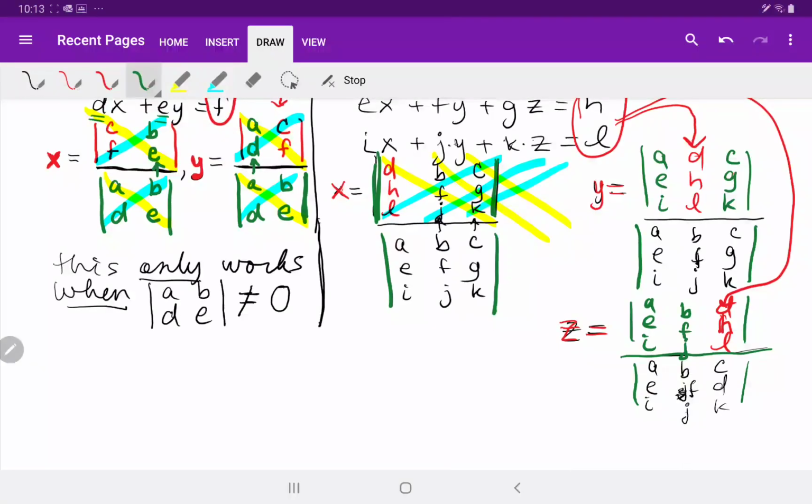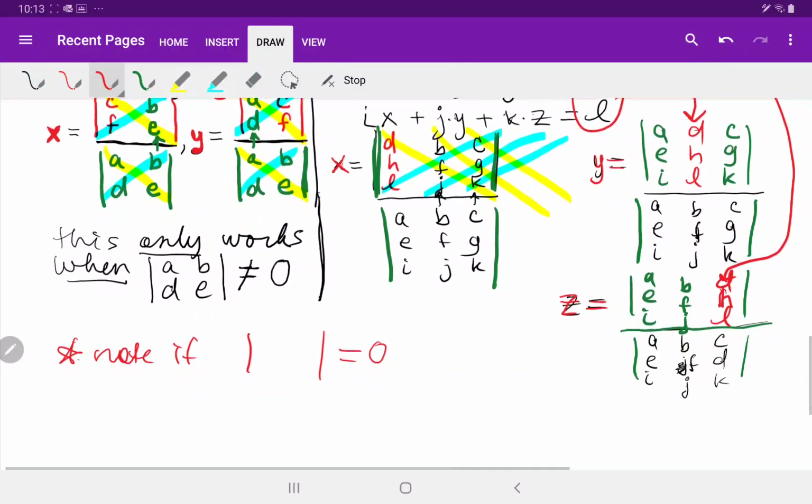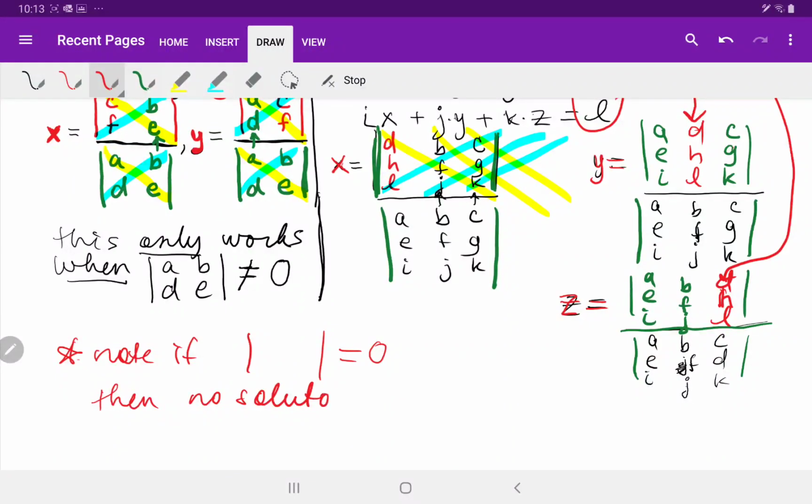So let's put that here at the bottom. We'll put note. If the determinant, and I'm not putting the letters in because it could be 3 by 3 or 2 by 2 or 4 by 4 or any levels, is 0, then it's no solution or infinite number of solutions, which is totally different.